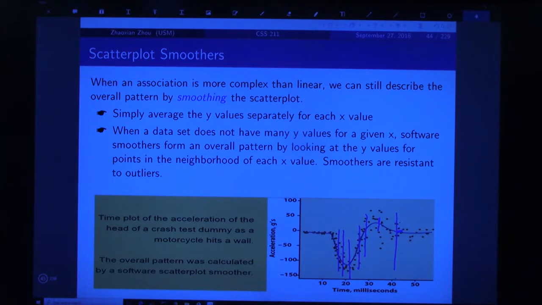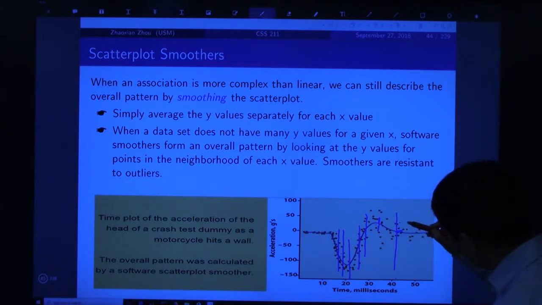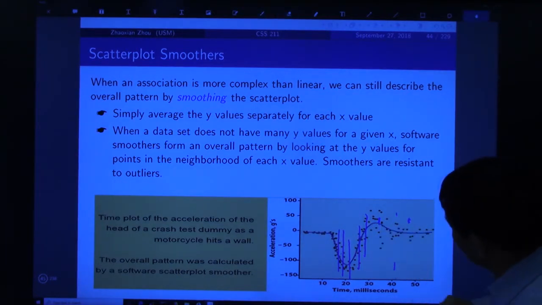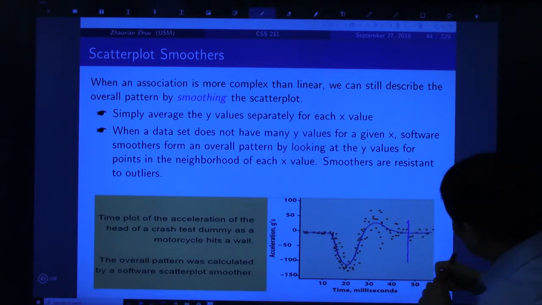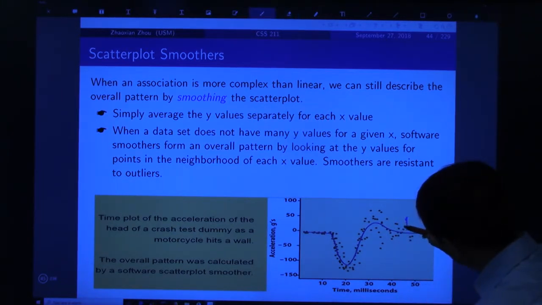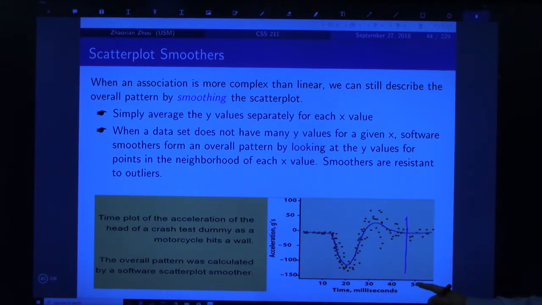Sometimes the data set is very large, or sometimes it's very small. For example, for this data set here, for this x value, maybe 45, we have only one y value, which is here. How to deal with this one?